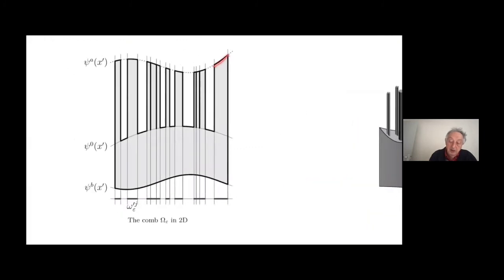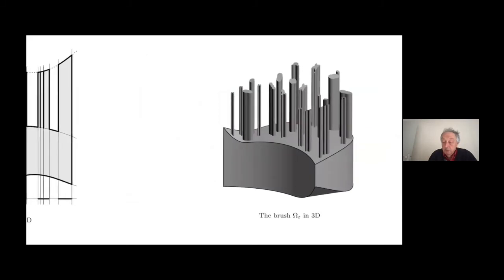So the tooth is a vertical cylinder between sigma_A and sigma_0. The diameter is less than or equal to epsilon, and the base is not especially smooth. Of course, in dimension 2, this is an interval, so it's smooth, but it is not the case in dimension 3.